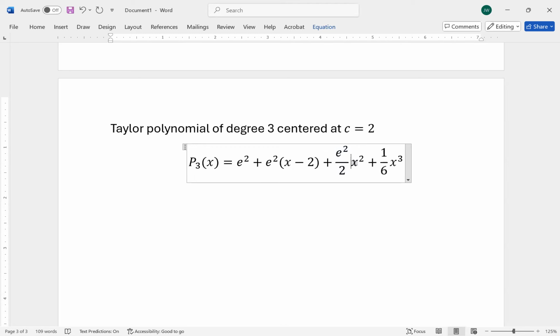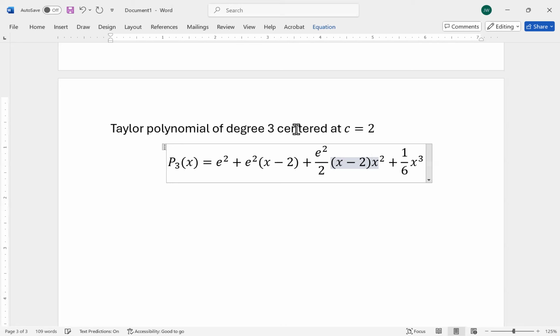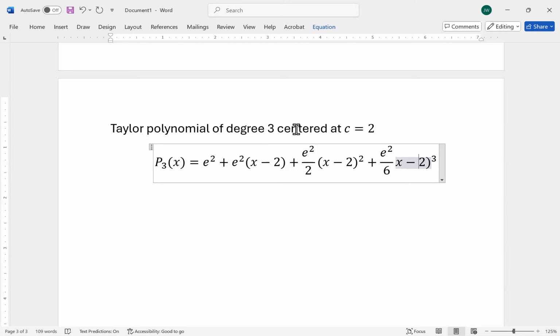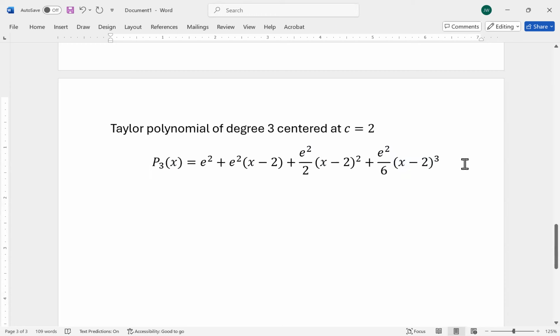We get e squared over 2 times x minus 2, quantity squared. And then e squared over 6 times x minus 2, quantity cubed, excuse me. So that's what happens if we center this at 2.